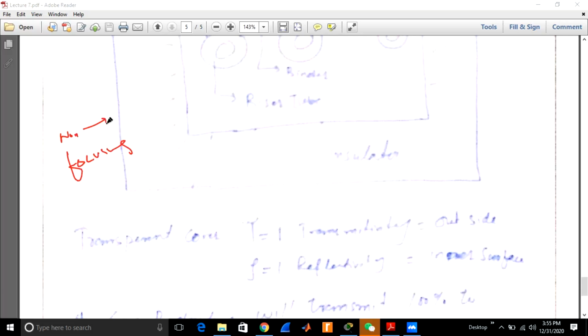The non-focusing type is flat plate, and the focusing type is line focusing and point focusing. They will be discussed in the coming class. In the coming class we will also do some numerical problems.